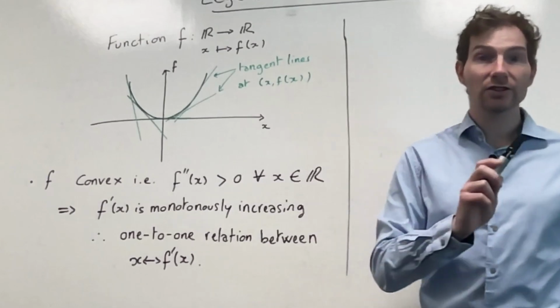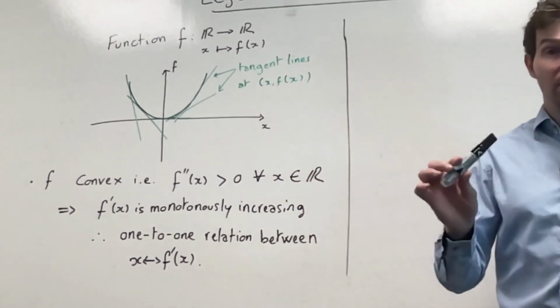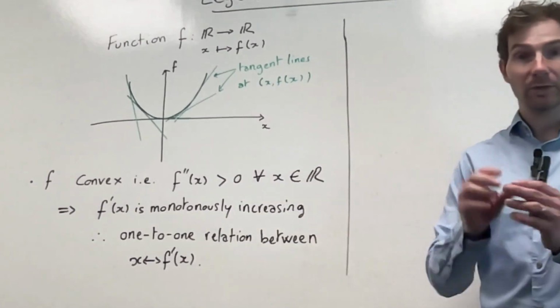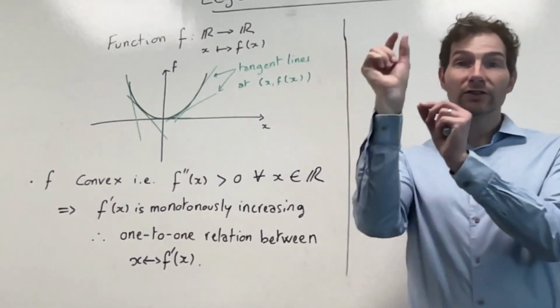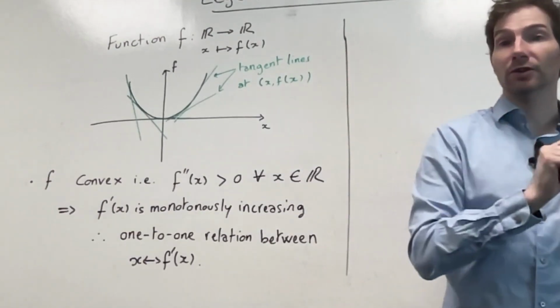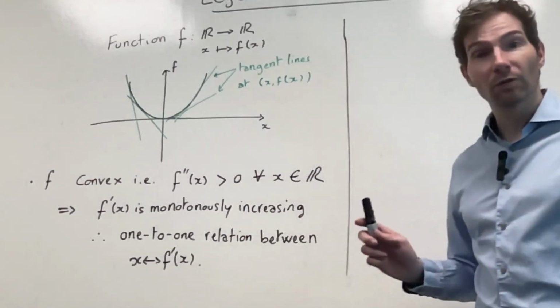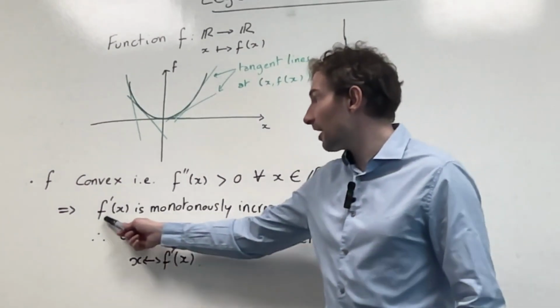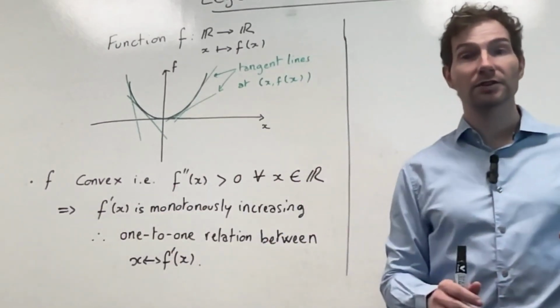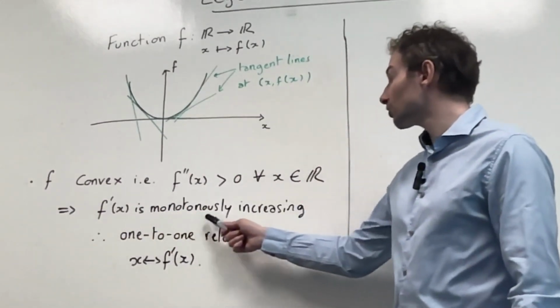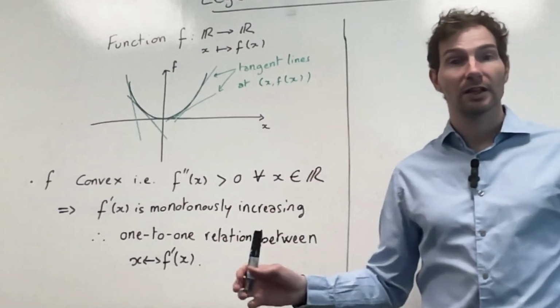Now, if the second derivative is positive everywhere, what that means is that the rate of change of the derivative is positive everywhere. So another way to say that is that f prime of x, the derivative, is monotonously increasing.